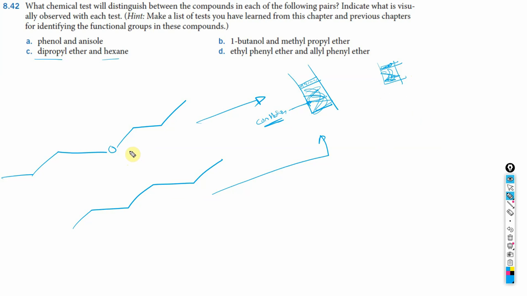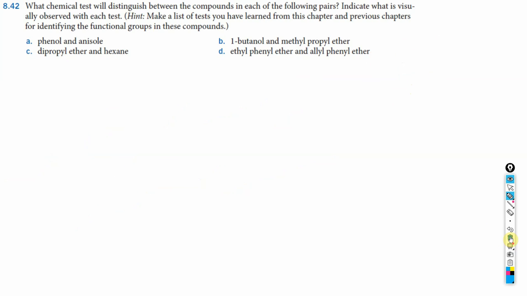And the reason why ether will dissolve in acidic medium is because by itself ether is fairly nonpolar, but once you add a significant amount of acid, the acid is going to protonate the oxygen, making it an oxonium, and now this becomes an ionic compound, and therefore it will be able to dissolve in water when you have high concentrations of acid. So that solubility in the presence of acid will show that you have an ether. The lack of solubility in the presence of a good amount of acid is going to show that you have hexane in your hand.